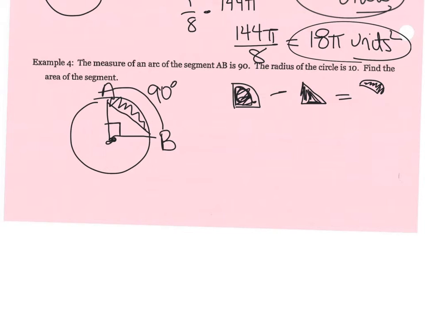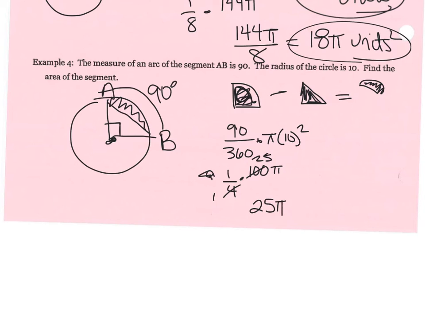The area of a sector, the equation is the measure of your arc over 360 multiplied by the area of the circle, which would be pi r squared, which is 10 squared. So we have 90 over 360 can simplify to 1/4 times 100 pi, and then these can simplify to 25 pi.